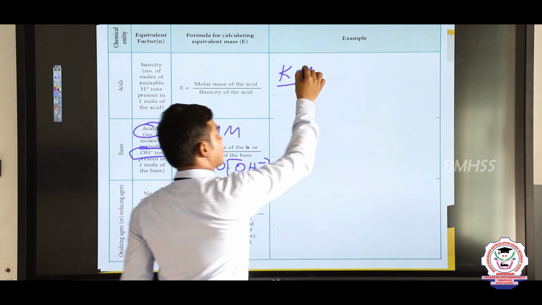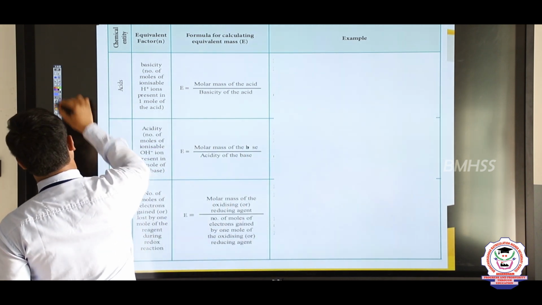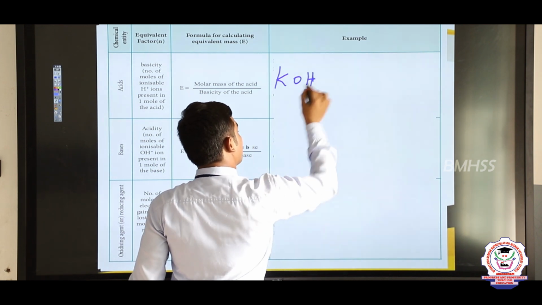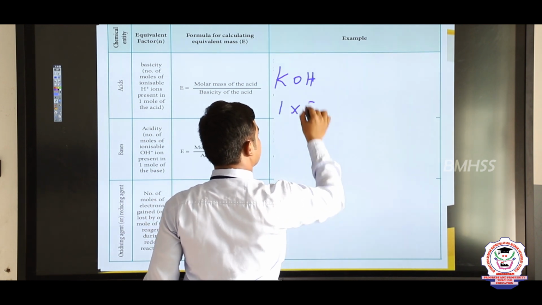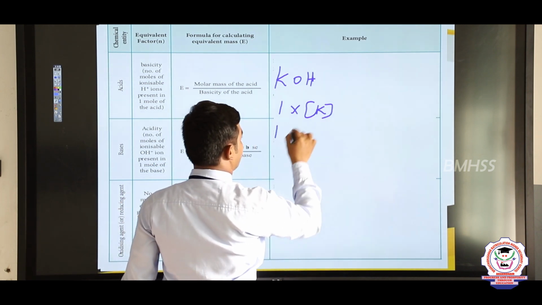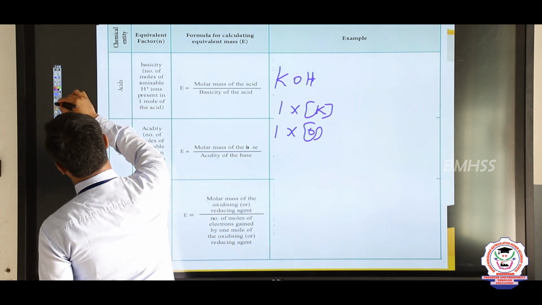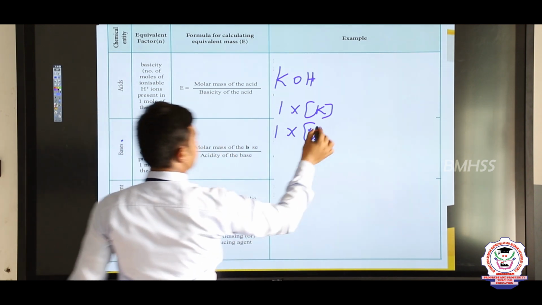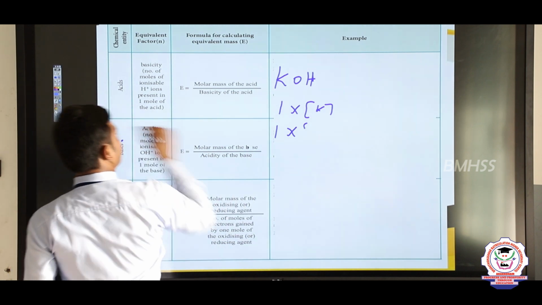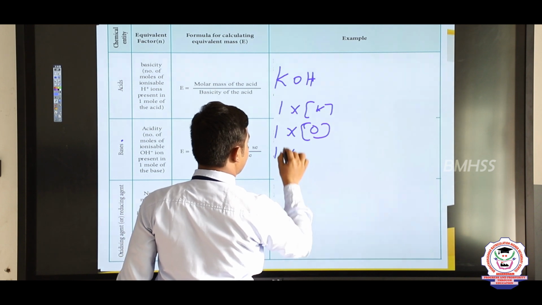For potassium hydroxide, the molecular mass can be found as follows. It contains one potassium, one oxygen, and one hydrogen.